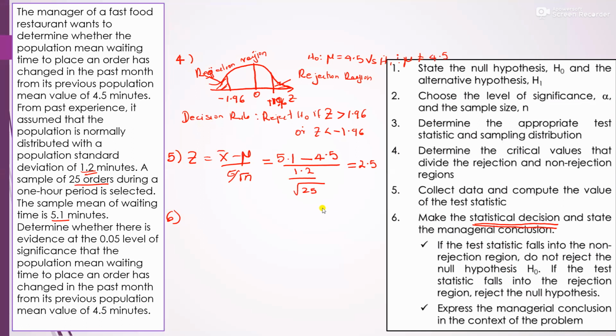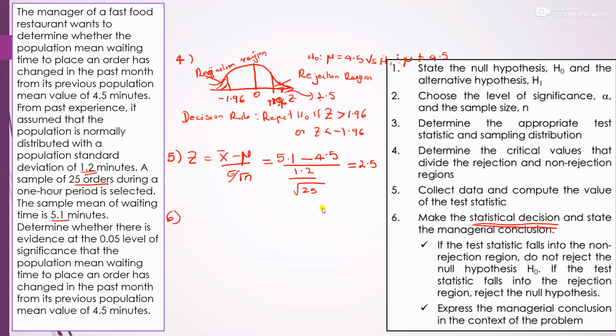According to the given scenario, at the 5% level of significance, the rejection region is where the test statistic value is greater than 1.96 or less than minus 1.96, and then we reject H naught. Now it is 2.5, it is here.